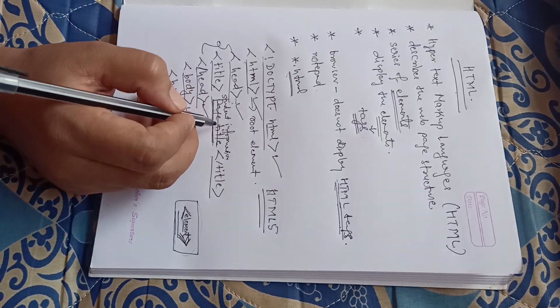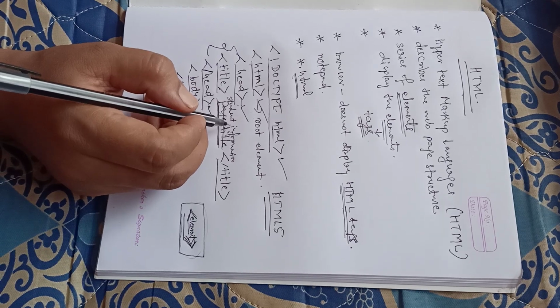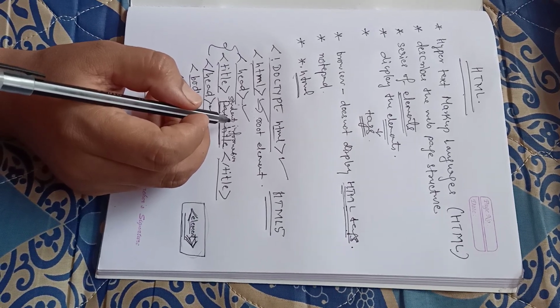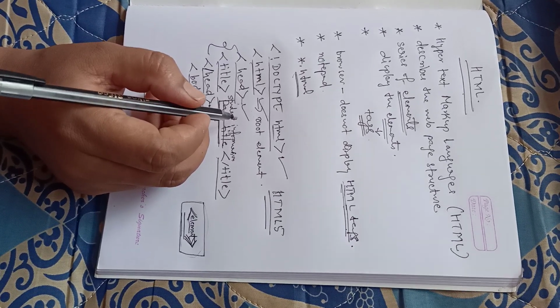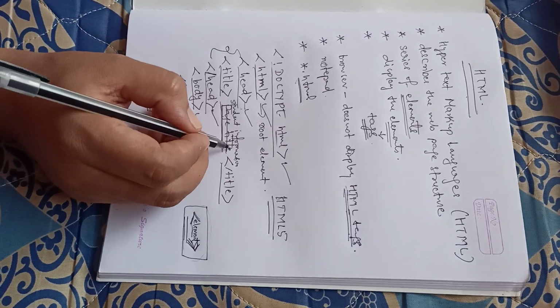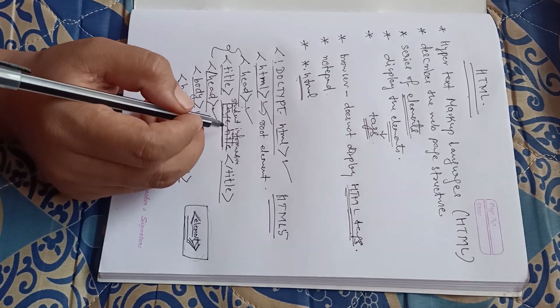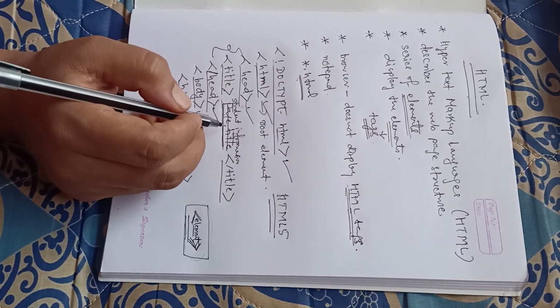So this title will be displayed in my browser. Where will it be displayed? Not in the web page, but in the tab of that particular page. This is the title of my total web page.